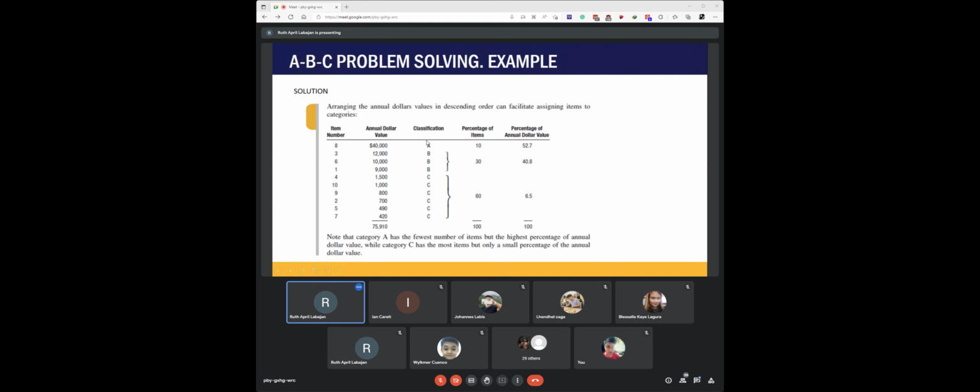Like I said earlier, for item A, usually it is around 10 to 20%.